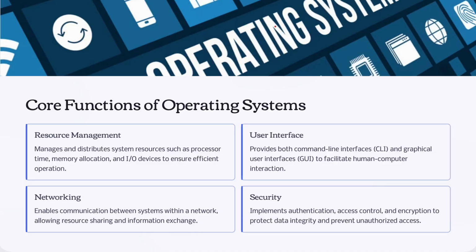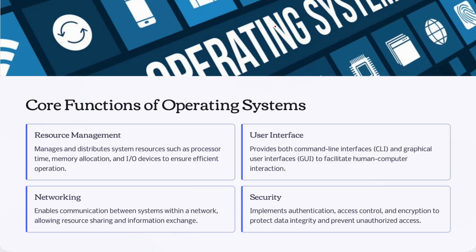Core functions of an operating system. The operating system performs four essential functions: resource management, user interface, networking, and security. Resource management handles the CPU, memory, and input output devices.